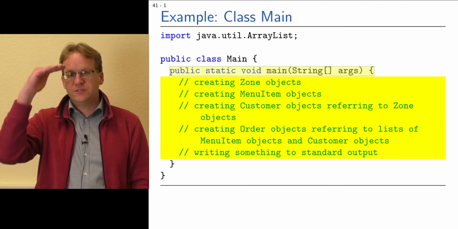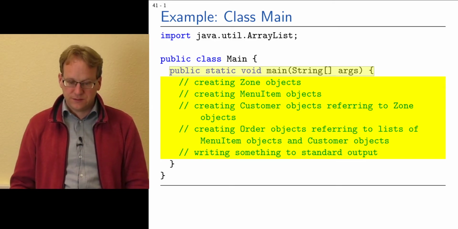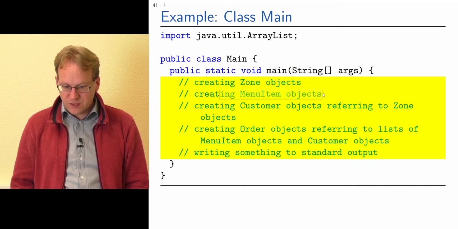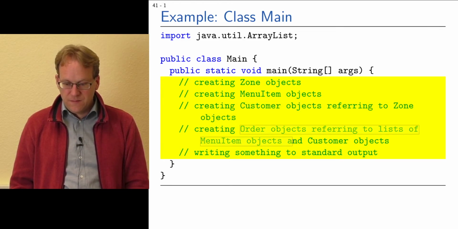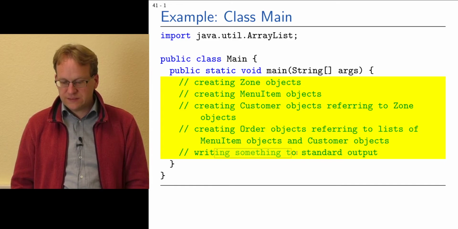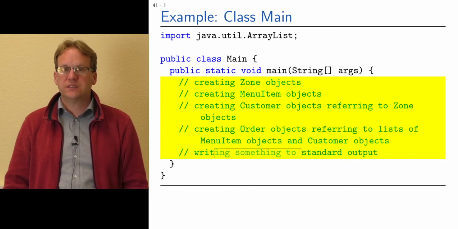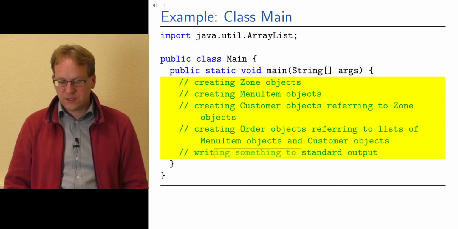Now we go through these commands from top to bottom in sequence. I create some zone objects, then some menu item objects, then some customer objects, I create some order objects, and finally I write something to the standard output, namely some information read from the classes and some results of my computations.